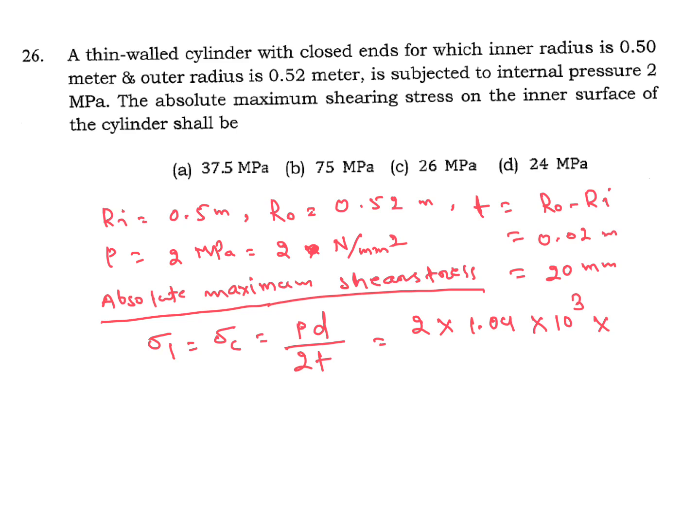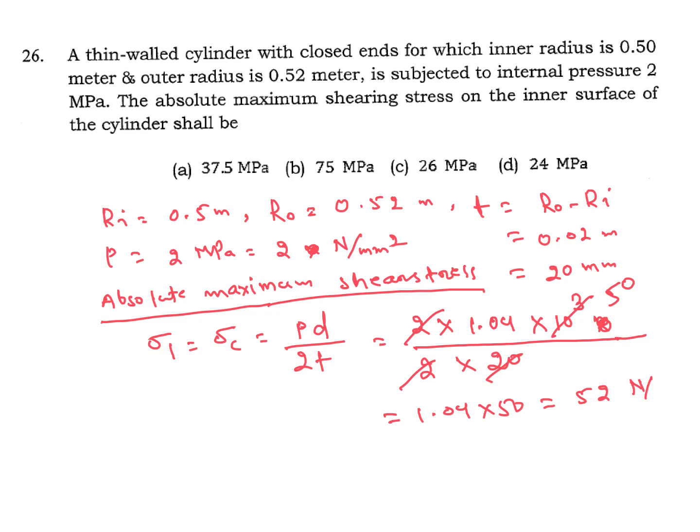Divided by 2 into thickness, how much? 20. To cancel 20, it's 50. So 1.04 into 50, it will come around 52 Newton per mm square.